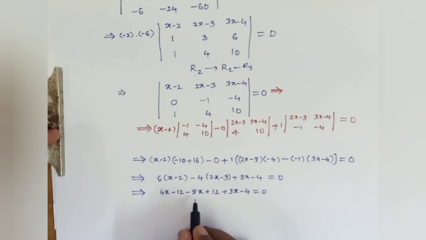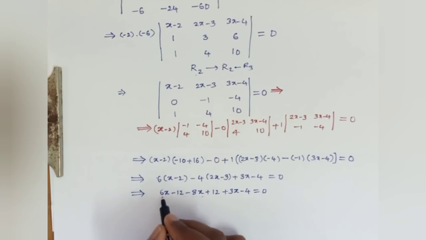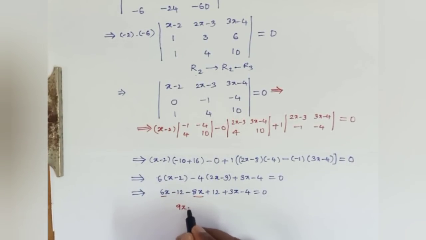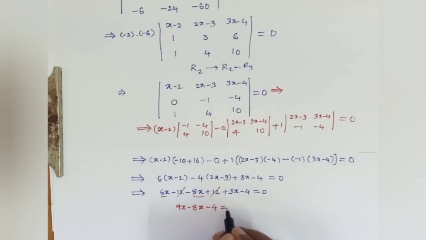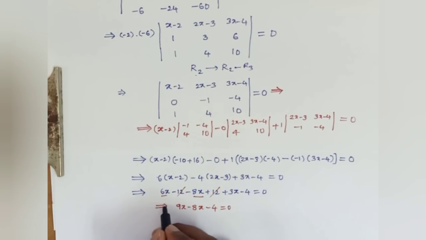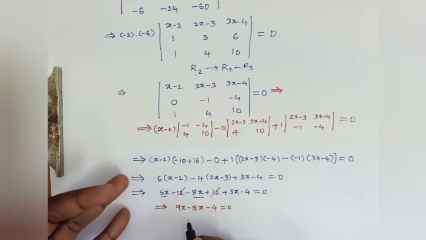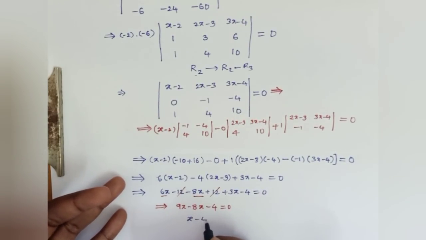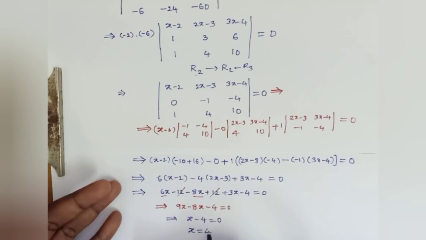Now this is minus 8x, and 6x plus 3x is 9x, minus 8x, plus 12 and minus 12, and minus 4 equals 0. Then 9x minus 8x minus 4 is 0, that is x minus 4 equals 0. Then this implies x equals 4.